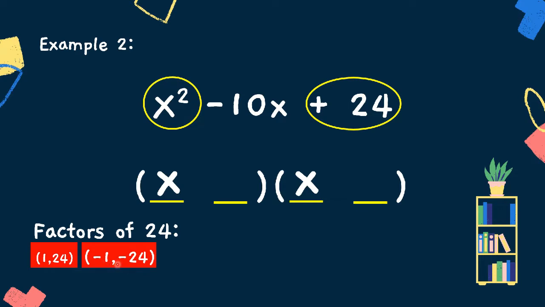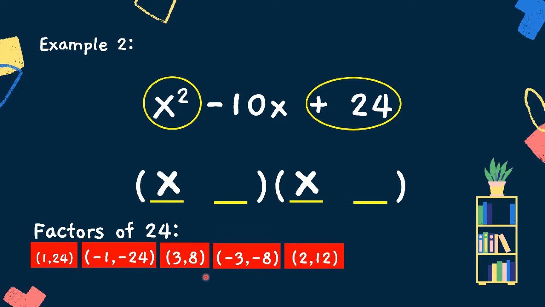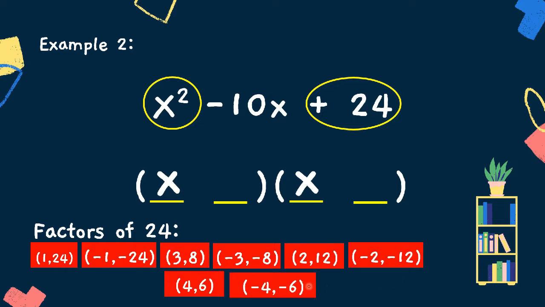So negative 1 times negative 24 is positive 24. Next, we have 3 and 8. 3 times 8 is 24. We also have negative 3 times negative 8, equal to positive 24. We also have 2 and 12, negative 2 and negative 12. We also have 4 and 6, and negative 4 and negative 6.